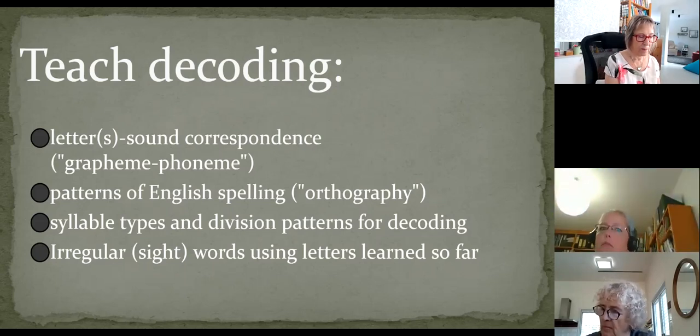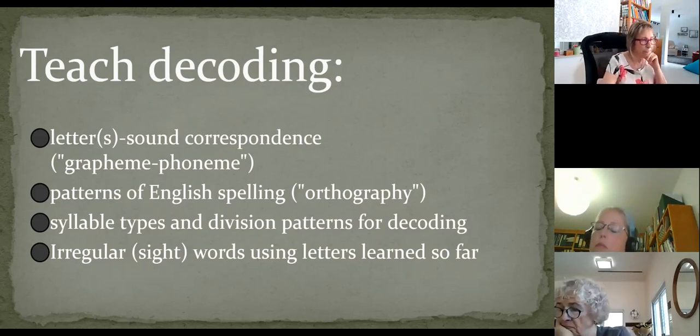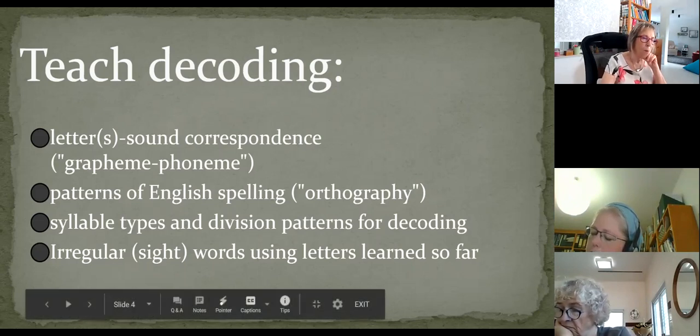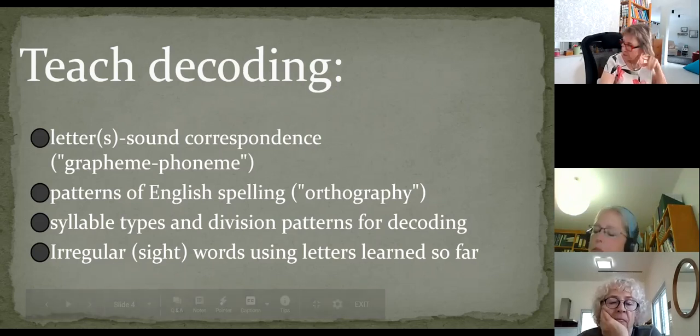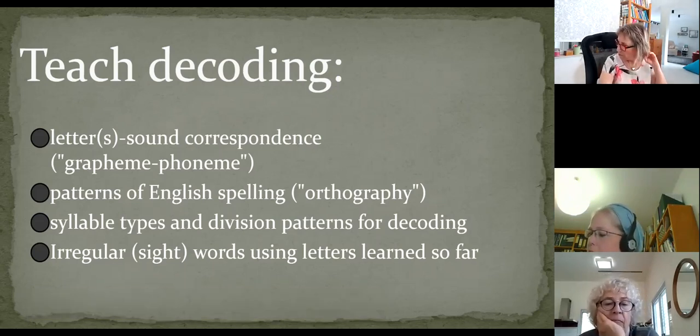And we introduce them as we teach the letters. We introduce the common sight words that they need to learn to just recognize. You know, the first example being the word said, S-A-I-D, because there's no way to sound that out given the normal sound of A-I or A by itself or I by itself. So we teach those individually.